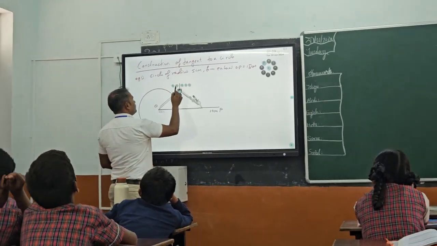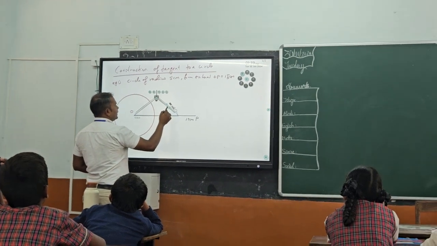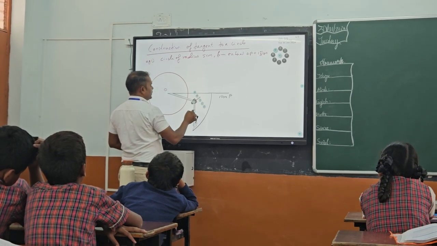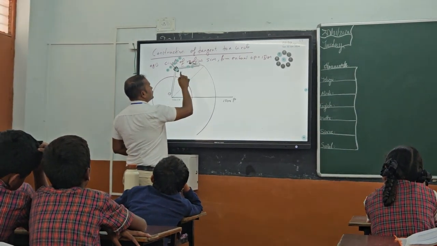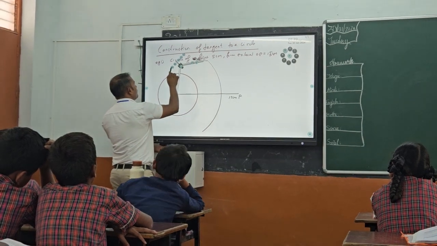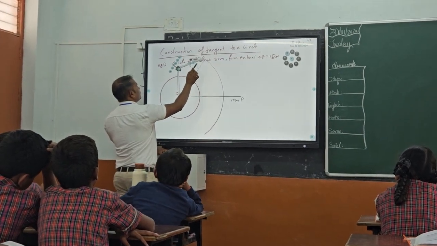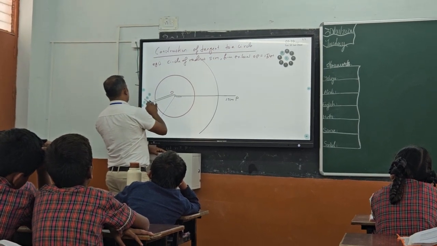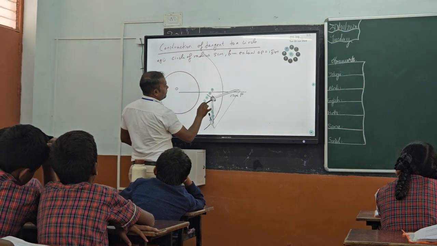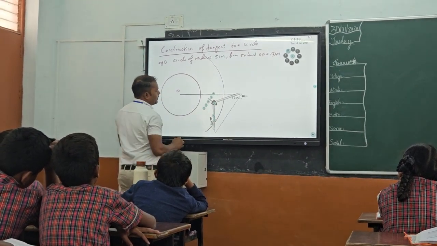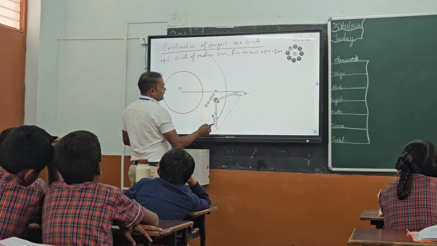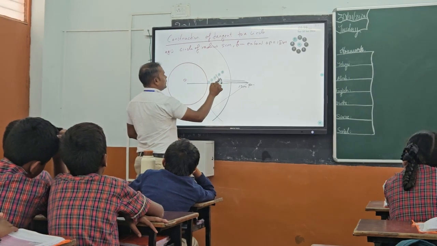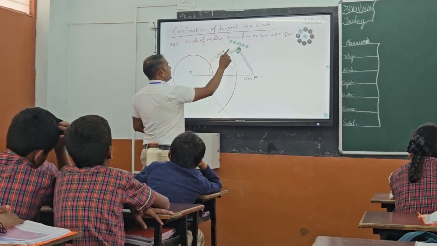Taking O as a center, cut an arc on both sides; you can make a full arc also. With the same radius, taking P as a center, intersect the arcs, upside as well as downside.